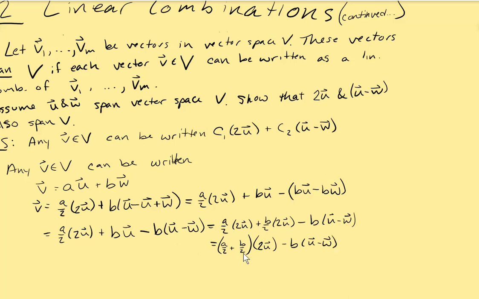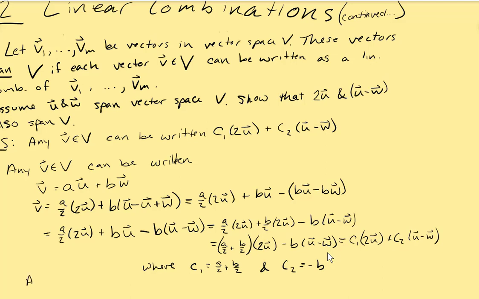Now we have some scalar times 2u, some other scalar times u minus w. We have successfully written this vector v we started with as c1 times 2u plus c2 times u minus w, where those scalars are guaranteed to be a over 2 plus b over 2 for c1, and c2 will be negative b.